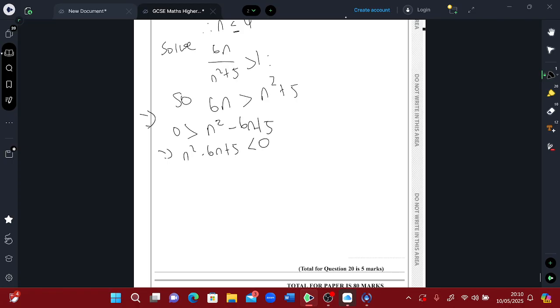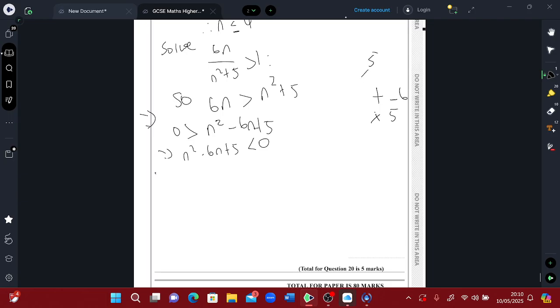Now, with quadratic inequalities, once you've got it in this form, I'll find the critical values first. Let's check, can we factorize? So we need two numbers that add to give minus 6 and times to give 5. What numbers do we have?